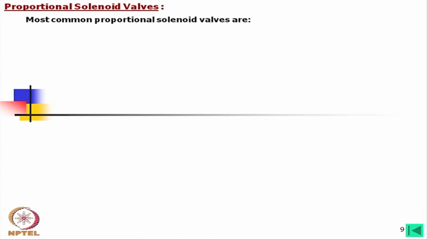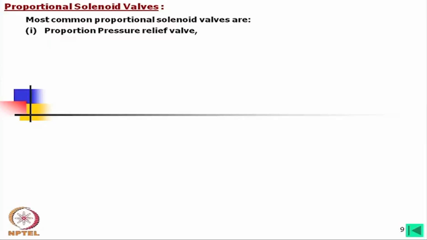Now, the most common proportional solenoid valves are, first, the proportional pressure relief valve. In this case we can control the pressure proportionally to the input. Say the total range of the system is from 5 megapascal to 15 megapascal, and our current may vary from 2 to 8 millivolt, like that.